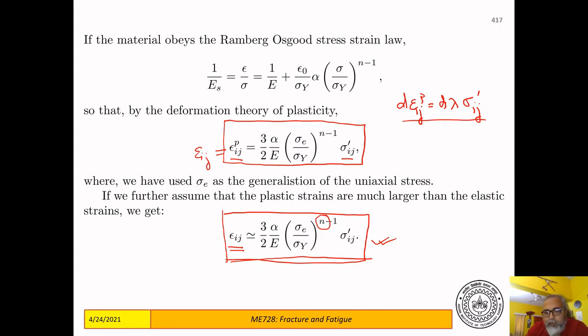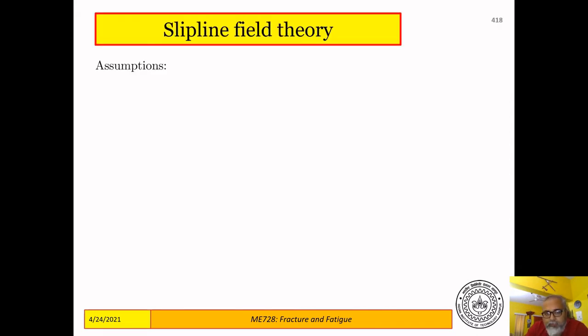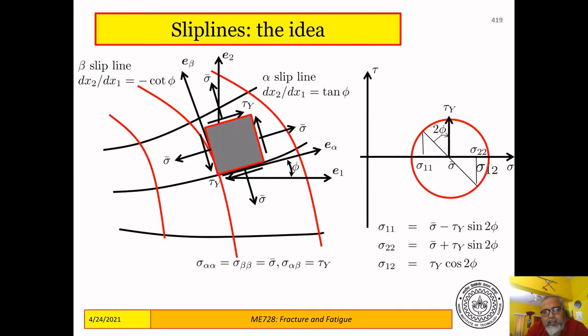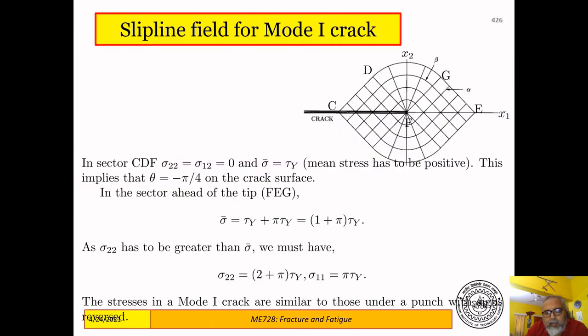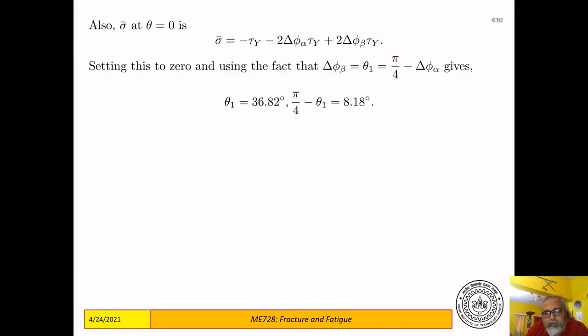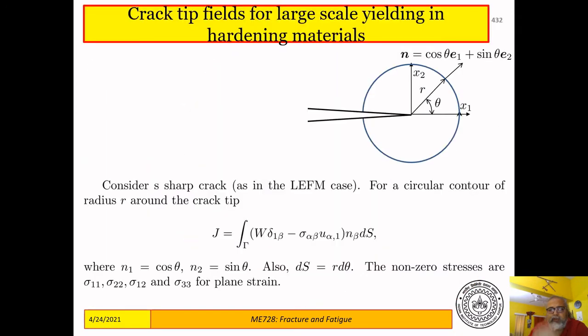So to do that, we have to go back to our old friend, the J integral, and we will look at the J integral on a circular contour of radius r, ahead of the crack tip.